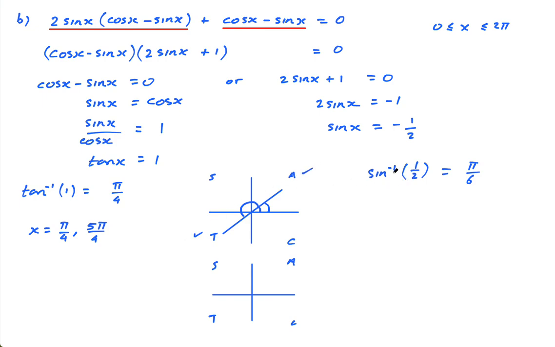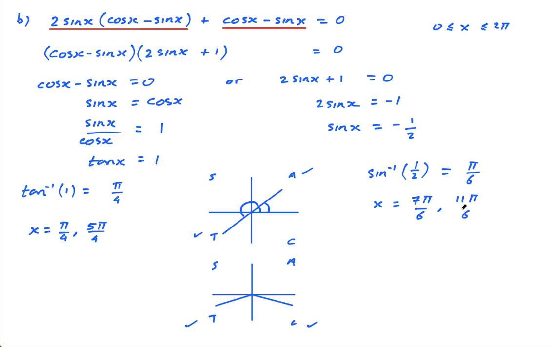Now this guy's negative, so he has to be in the Tan quadrant and the S quadrant. And it's pi over 6, so he's going to be here, and he's going to be here. And this guy is pi plus pi over 6, which is 7 pi over 6. And this guy is 2 pi minus pi over 6, which is 11 pi over 6.